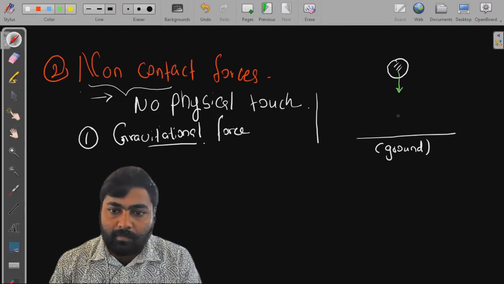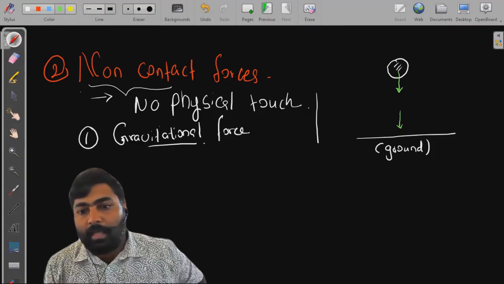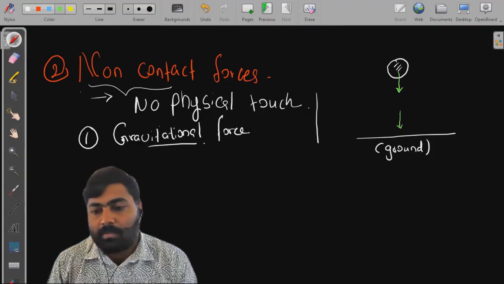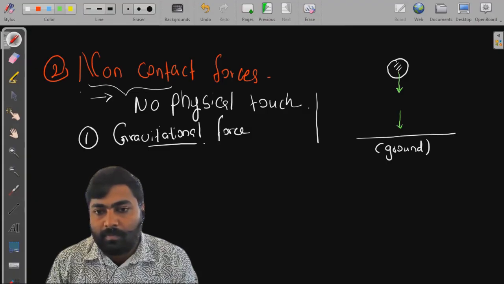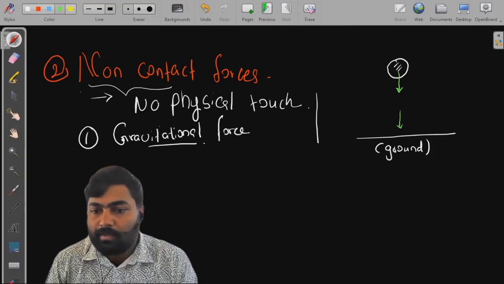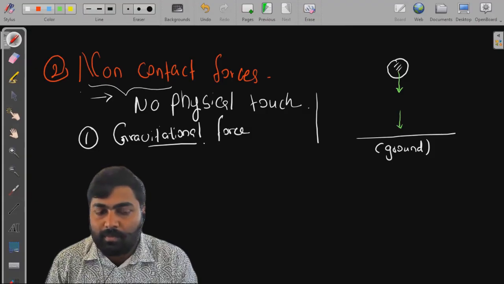Gravitational force means always, every object is attracted towards the ground.